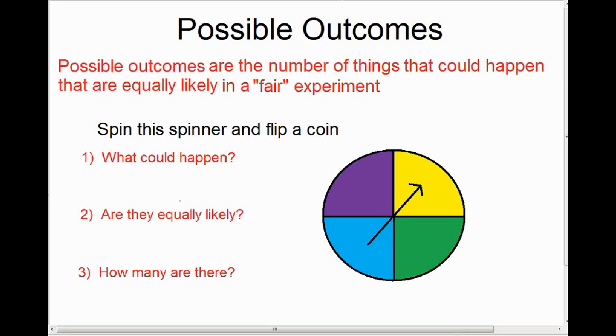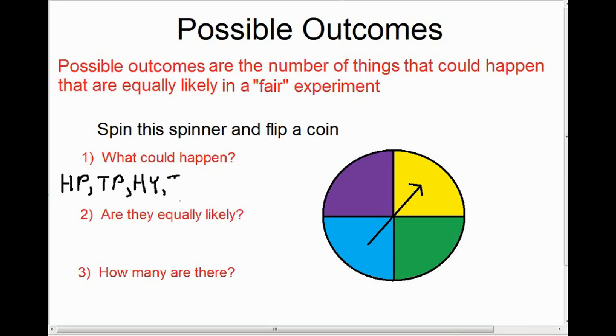Well, we know if we flip the coin, we could get heads or tails, and we know that if we spin this spinner, we could get one of those 4 colors. So if we do both at the same time, we have to list the outcomes that could happen. So we could get heads with purple. We could get tails with purple. Or we could get heads with yellow.